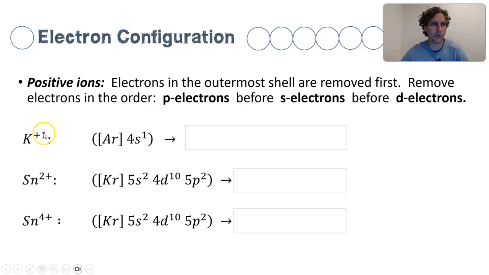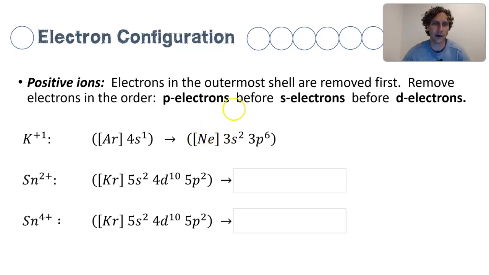We are going to remove 1 electron. From where? Well, from here. Okay. So what does that become? It becomes similar to argon, and we write that not by going square bracket argon. Nice try. Would be nice, but no, we'd go back to neon, and then 3s2, 3p6. That's not so bad.